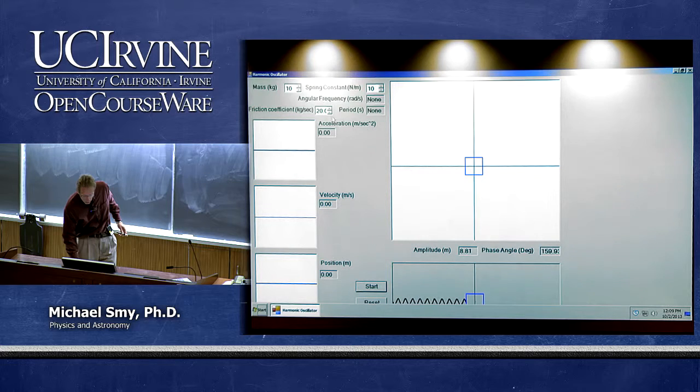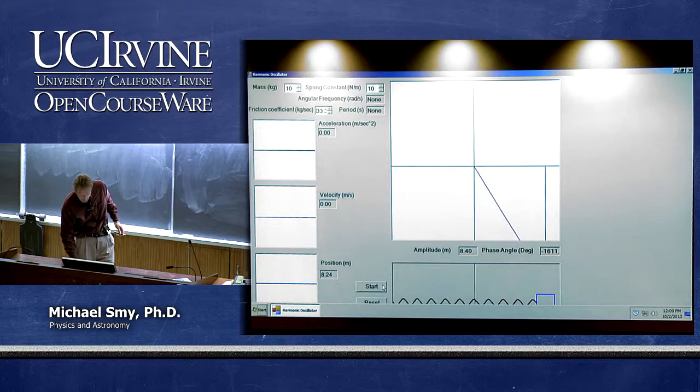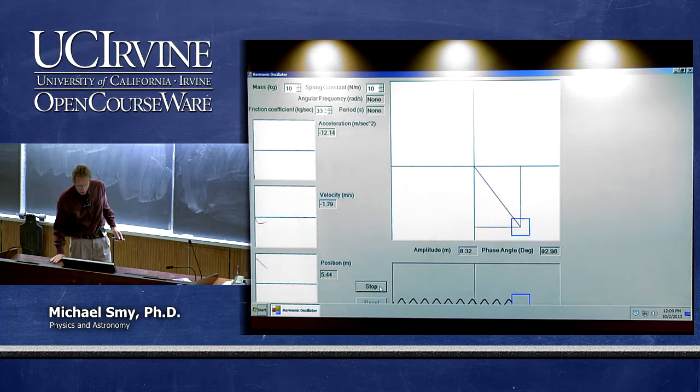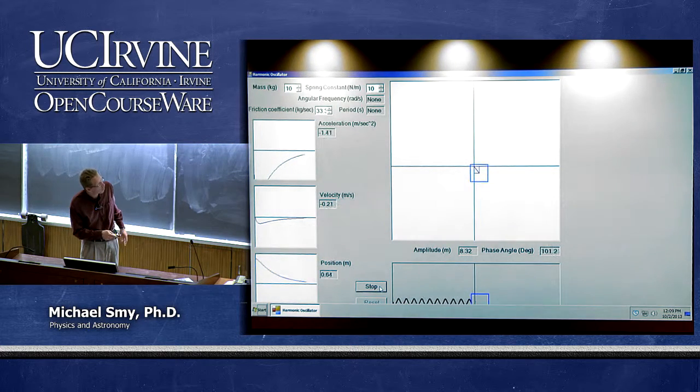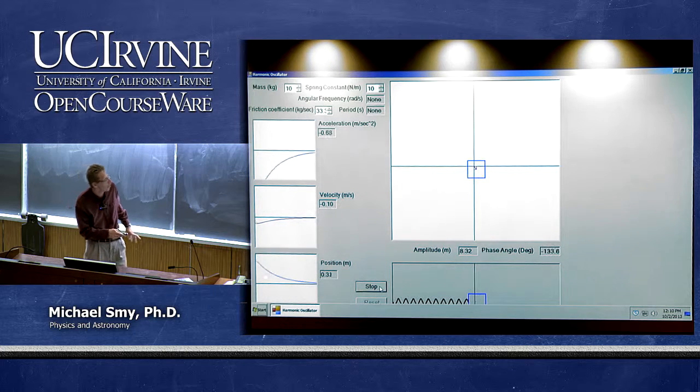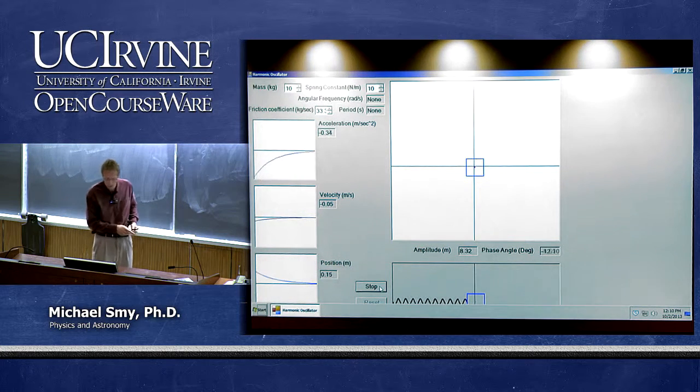And if you damp the system further, which you can do, then it still doesn't oscillate, but it will take longer to reach the equilibrium position than before. This exponential curve has less slope, and therefore it takes longer.